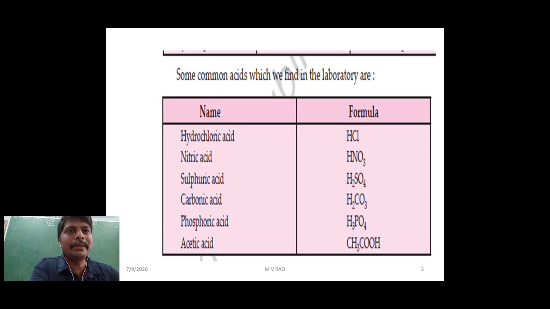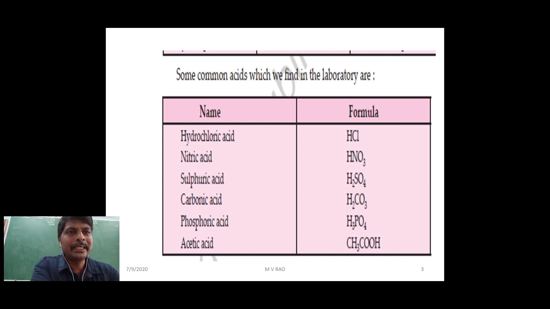Now some common acids which we find in the laboratory are hydrochloric acid, its molecular formula is HCl. Nitric acid, its molecular formula is HNO3. Sulfuric acid, it can also be called the king of chemicals, its molecular formula is H2SO4.